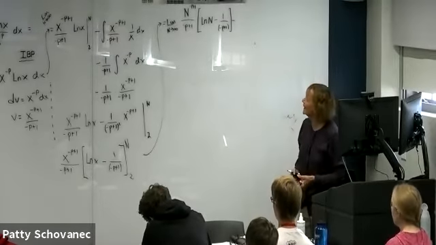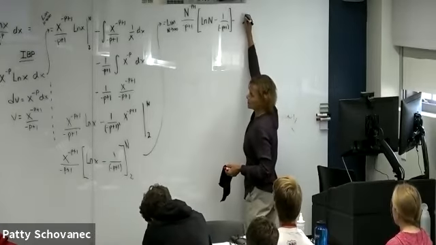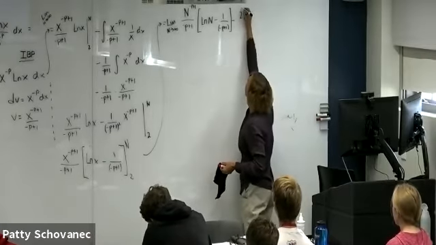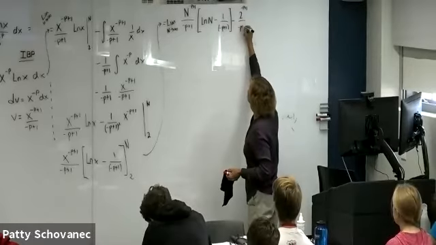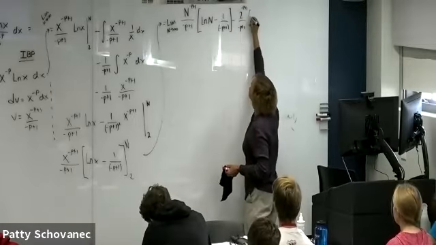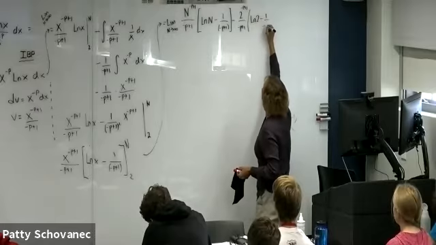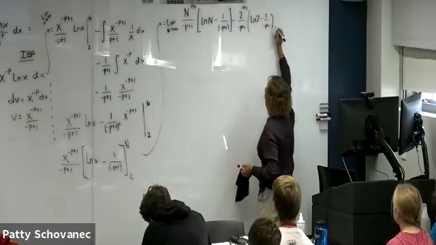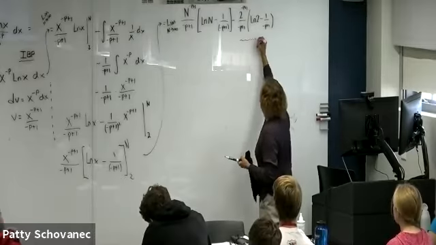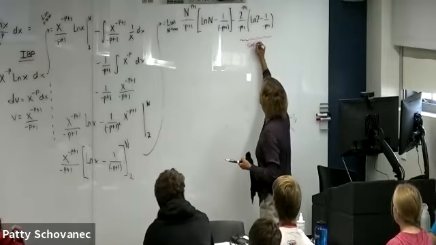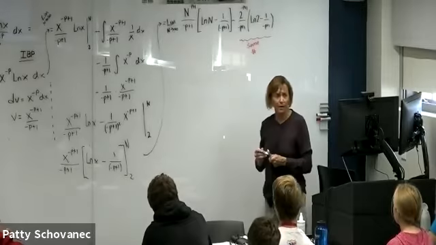Now x is 2. And so we have 2 to the minus p plus 1 over minus p plus 1 times the natural log of 2 minus 1 over minus p plus 1. But all of this is just a constant, right? That's what we need to worry about.